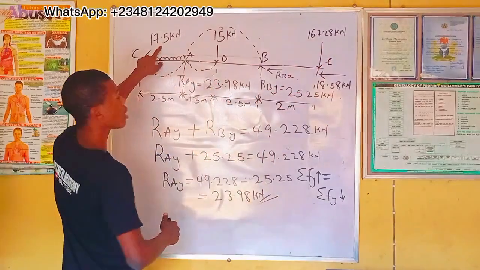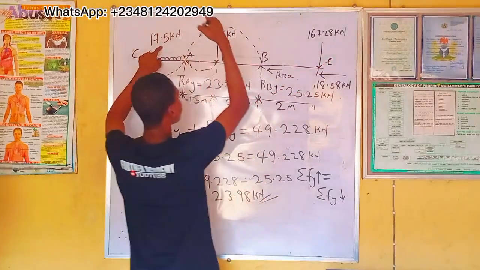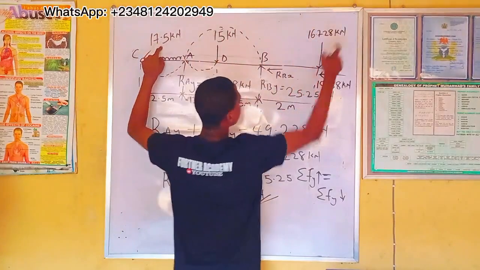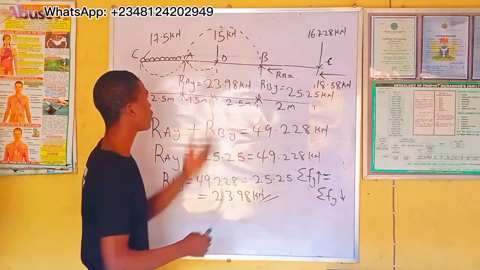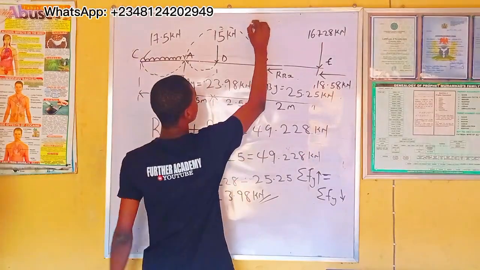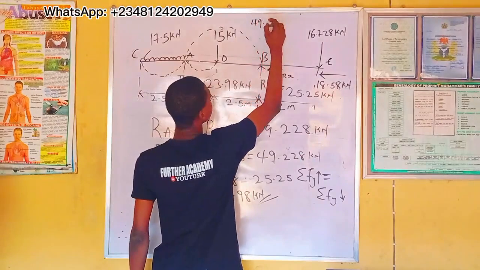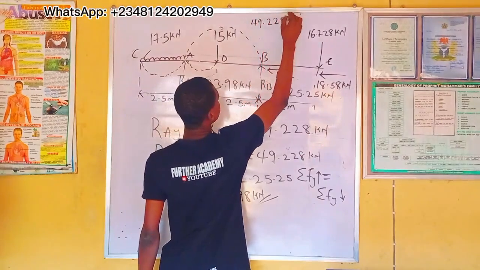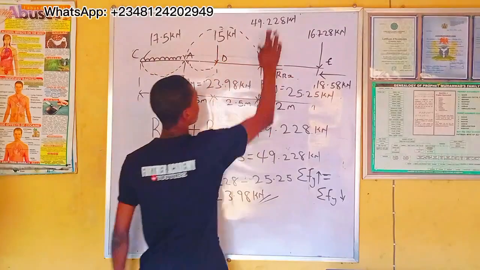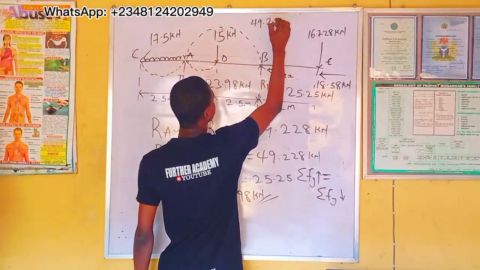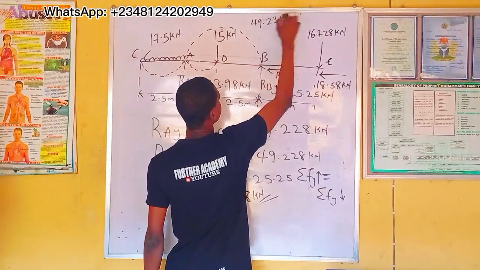Now, input this in your calculator: 17.5, 15, and 16.728. Your answer must be this. By the time you input that, you have 49.228 kilonewton. Approximately, let's say 49.23 kilonewton.